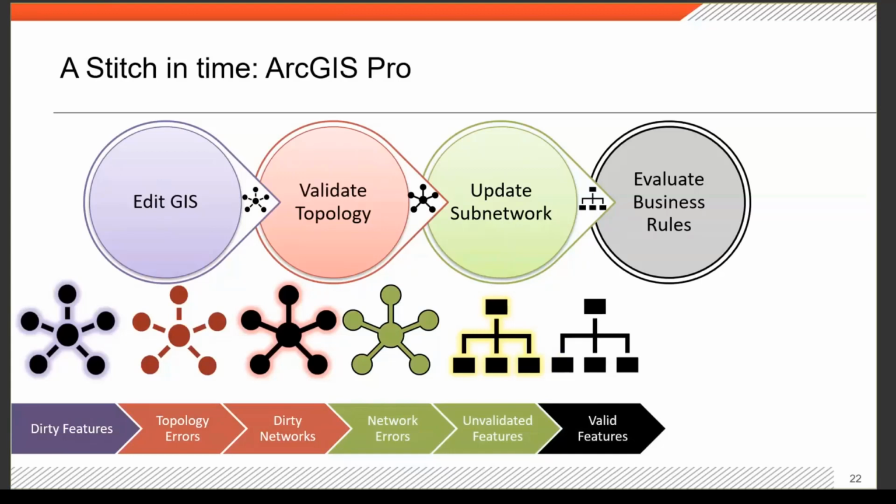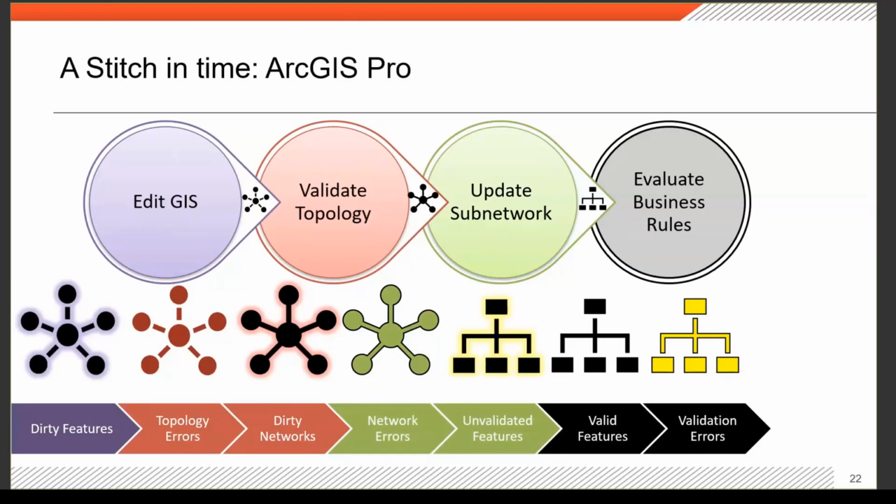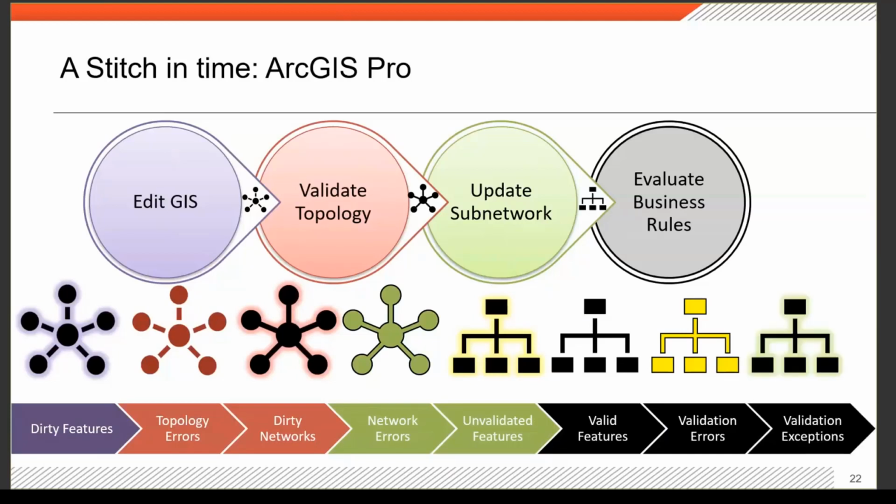In that case, I will actually see a feature appear on the map with a validation error. I will be able to review the rules that have been violated and what their severities are. If they're high priority errors, like Milsoft errors, then I'm going to immediately resolve those, revalidate, and see that I'm in the clear. If, however, there are downstream systems that do merit having an exception, I can create an exception for those features, and the system will record that there is an error with this feature, but that it has an exception granted for it, who did it, when they did it, and why they did it.